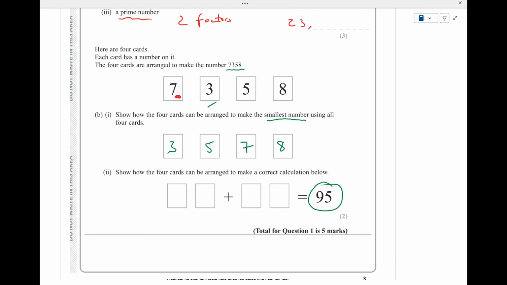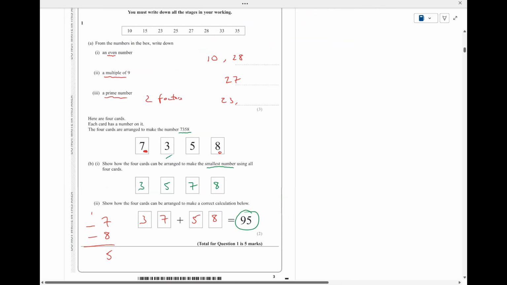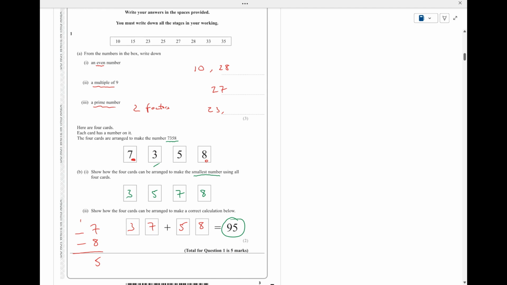I'm thinking if I have one ending in a 7 and one ending in an 8, then if I added those up, something 7 plus something 8, I'd end up with 5 down here and 1 in the 10s, so that would end in a 5. So then perhaps, should I try the 37 and the 58? That will work. Or you could have 57 and 38 as well. And that is question 1.